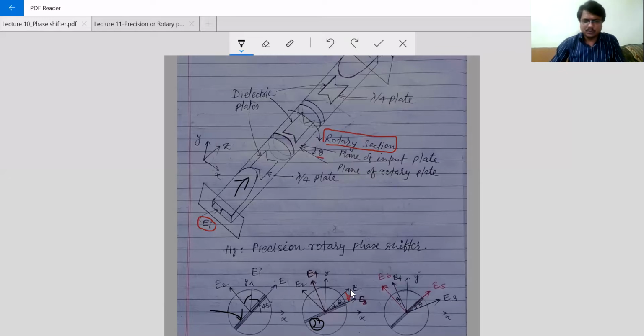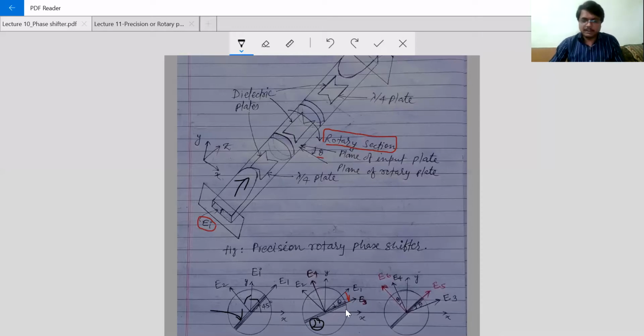So knowing E1 and E2, we can again calculate two electric fields: one along the rotary section, the second plate, and the other perpendicular to the rotary section or the second plate.